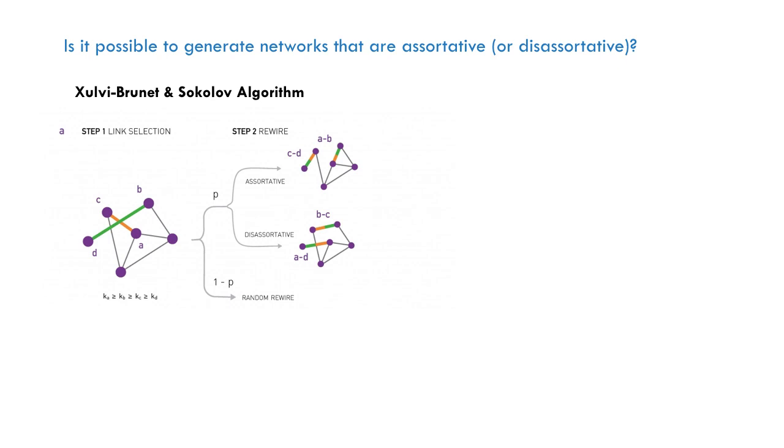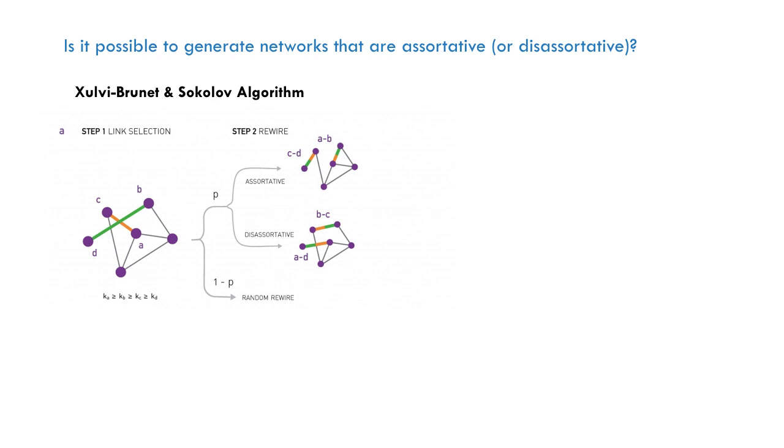But the second is a random rewiring, where we randomly pair the 4 selected nodes with each other to form two new links. So it's completely random. And we have this p-value, similar to the random parameters we've talked about before.